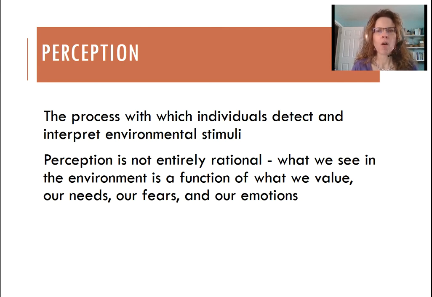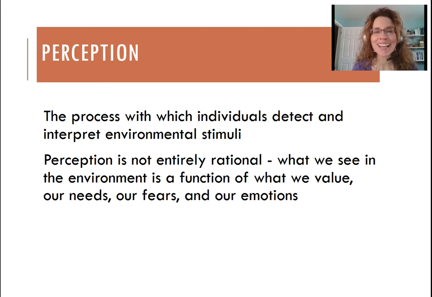In other words, what we see is a function of what we value, our needs, our fears, our emotions, our previous experiences. All of that, a word you might use is colors what we see. We imagine that we are objectively detecting environmental stimuli. We ain't.